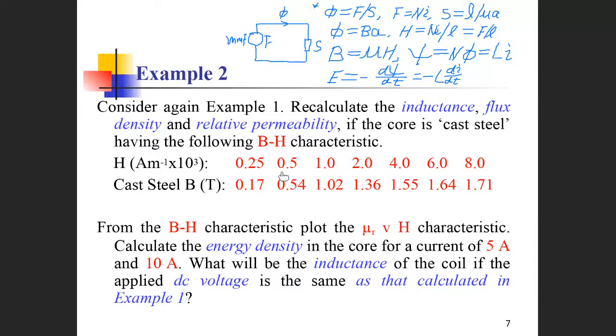When H increases to 500 amperes per meter, then you have a flux density of 0.54 Tesla.